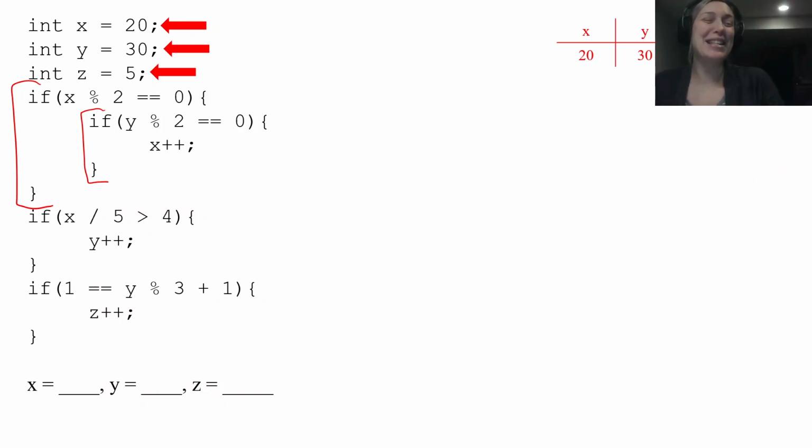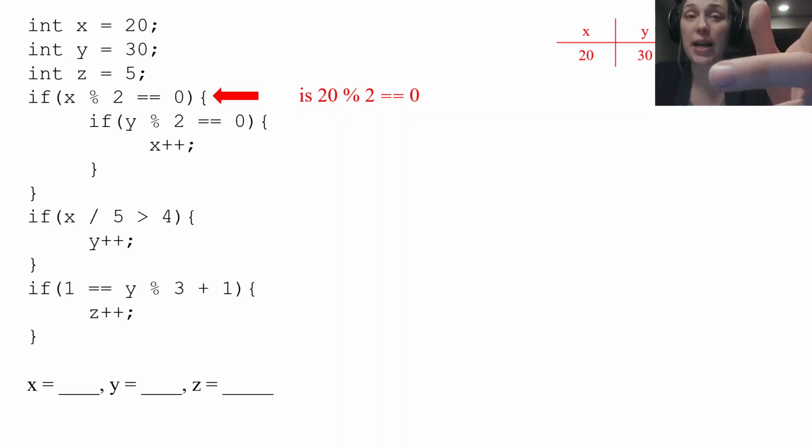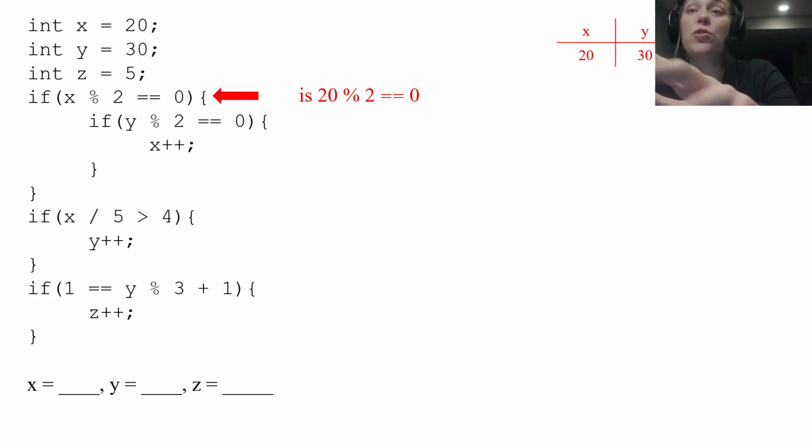This is called nesting, or nesting conditionals. We're going to get to more examples later on in this unit, but I just wanted to throw this out there to show you that you can handle it. What'll happen, flow of control: the first line gets evaluated. X mod 2 equal to 0. X is currently 20. So is 20 mod 2 equivalent to 0? That is true.